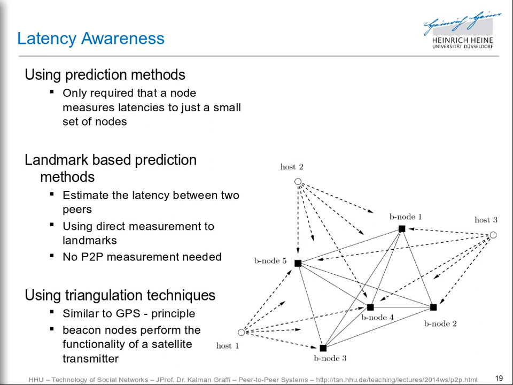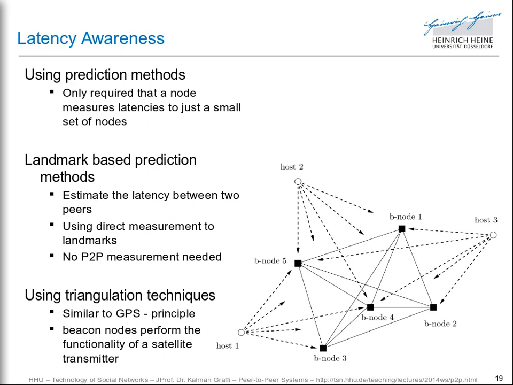Yes, I want to explain this example. So how does this work? We have some landmarks, mentioned as B nodes: B node 1, 2, 3, 4, 5. And these are, for example, publicly available servers which peers can ping to check the latency to this server.